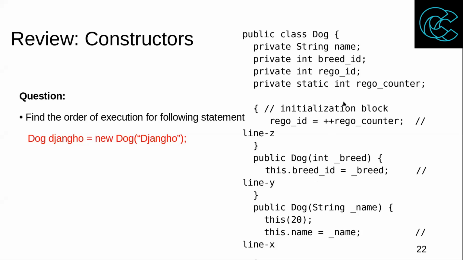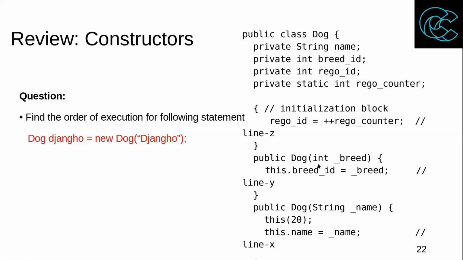Okay, so I'll move on. I was talking about this earlier, right? You have a new instance of the dog that is created, and the name has been given here, Django. So you have a dog whose name is Django, and then you create an instance of that class. Here is the constructor, and here you have the name and the breed.